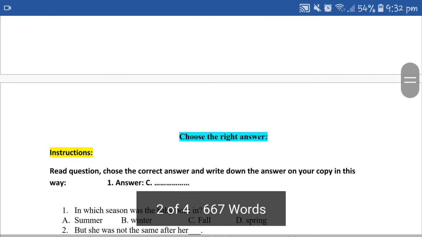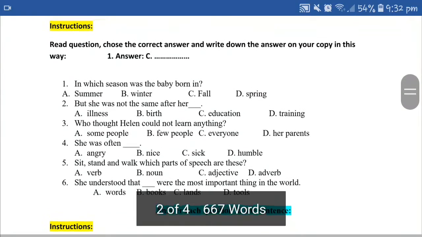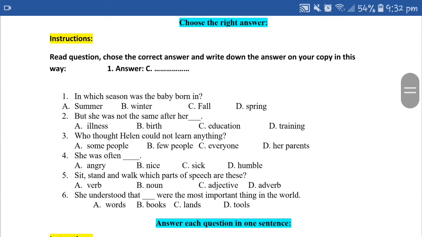Now let's talk about choose the right answer. That means multiple choice question or MCQ. You know, in all questions you'll have 4 options. To answer these, you have to read the question first very properly, and then choose the correct answer, and write the answer in this way: 1.